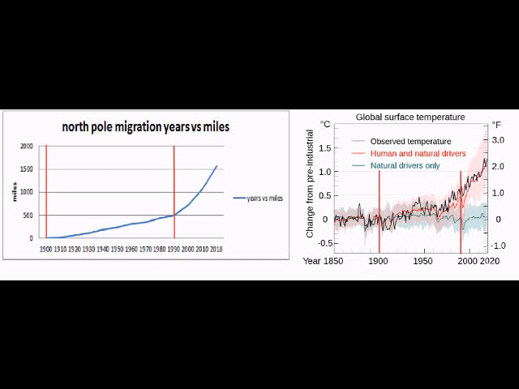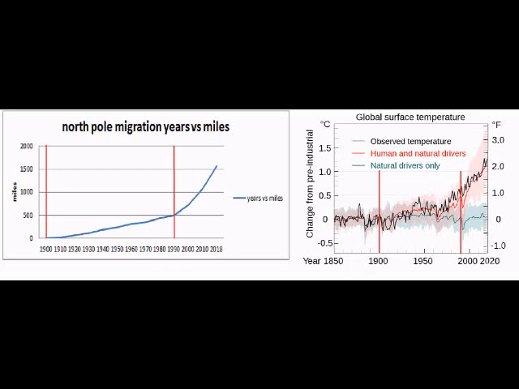From 1990, on the one on the left, we have 1,000 miles of migration. On the one on the right, we have nearly a 1 degree rise in temperature. Just look at what the right hand side is measuring: observed temperature, human and natural drivers, and natural drivers only.